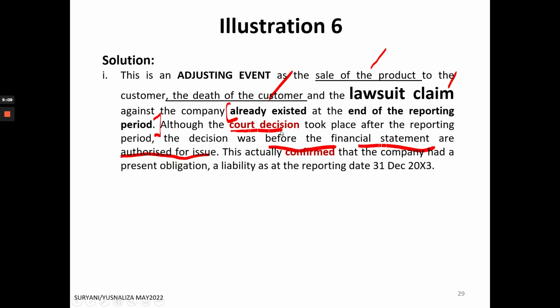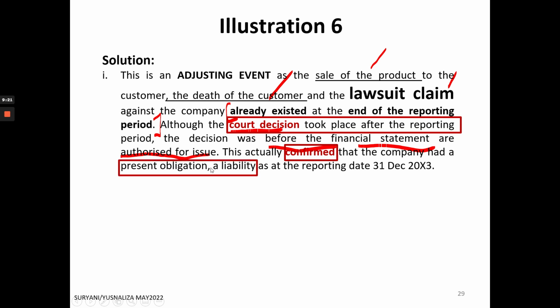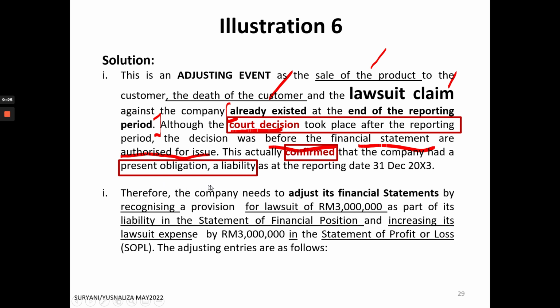The decision confirmed the company had a present obligation, which is a liability as at the reporting date. The financial statement must be adjusted because the decision confirmed that the company has a present obligation. So the company needs to adjust the financial statement. How?